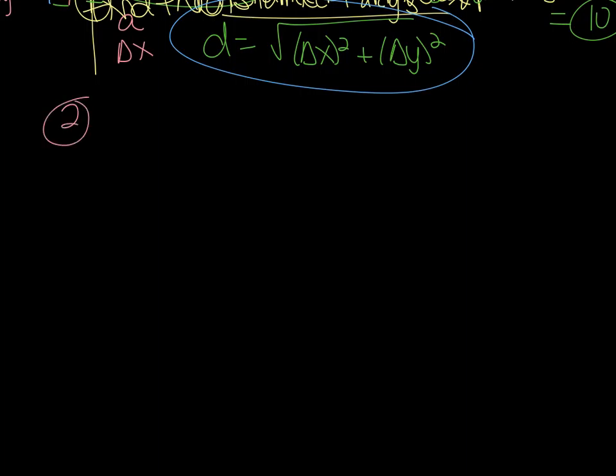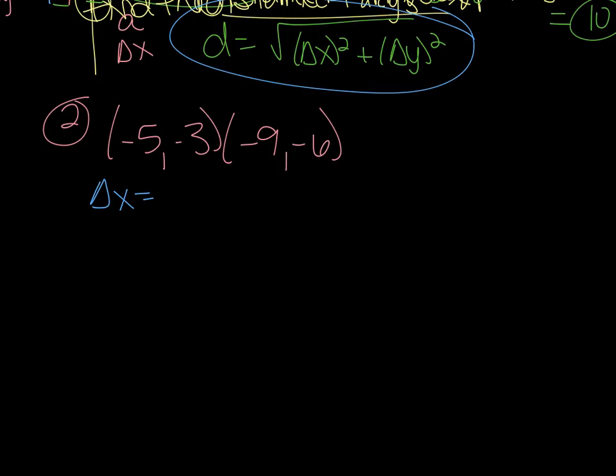We're going to try to find the distance between the points negative 5, comma, negative 3, and negative 9, comma, negative 6. Okay, the way that I've found easiest is to find the change in x and the change in y first and then plug them in. If you want to do it all at the same time, I guess you can, but I think it's easier to do it this way. So change in x from one x coordinate to the next, from negative 5 to negative 9.